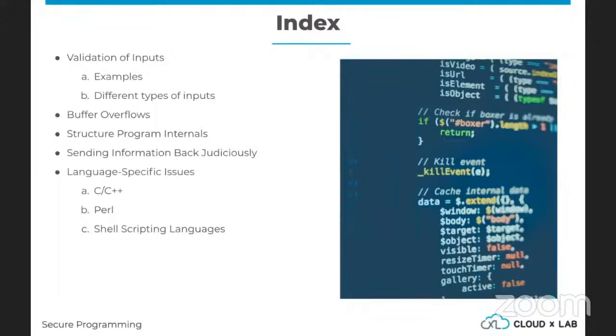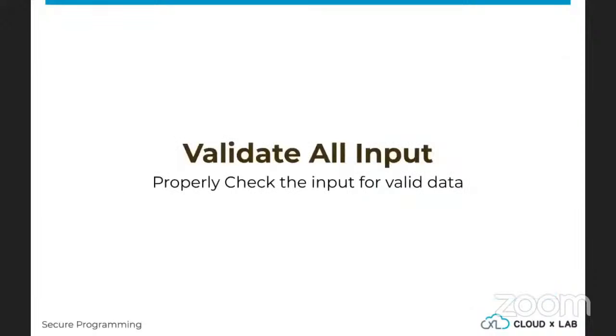Then talk about sending information back to the user judiciously. And then I'm going to talk about language specific issues: C++, Python, Perl, and shell scripting. Though Python is missing here, we will have one chapter on Python. All right. So the first piece of advice to all is that whatever is the user's input, properly check the input for valid data. All right, now here we go.